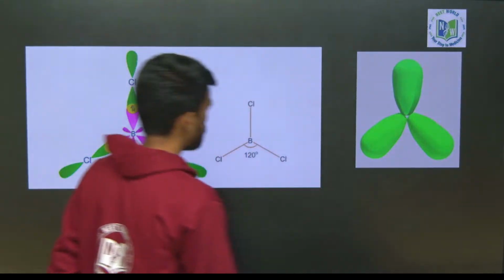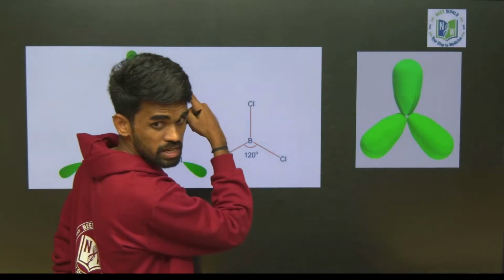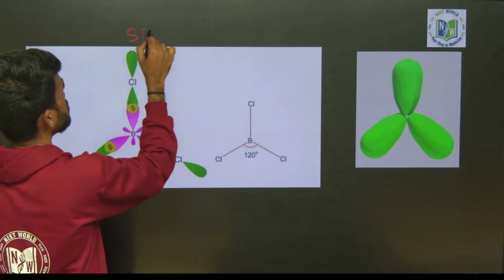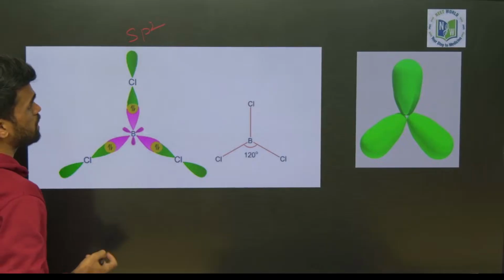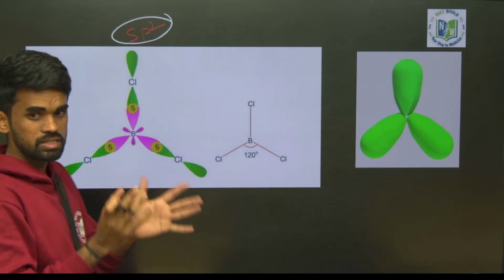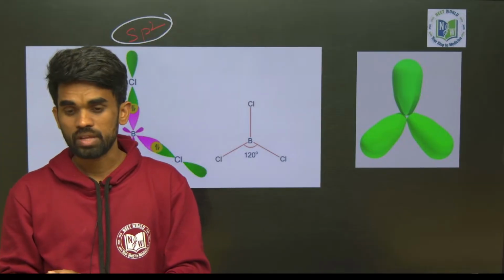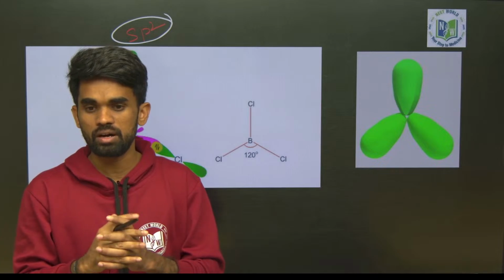Next case is BCl3. What was the hybridization in the previous case? sp. Here it is sp2. In sp2, how many orbitals are involved? 3. So now you need to arrange 3 orbitals in three-dimensional space with maximum angle.